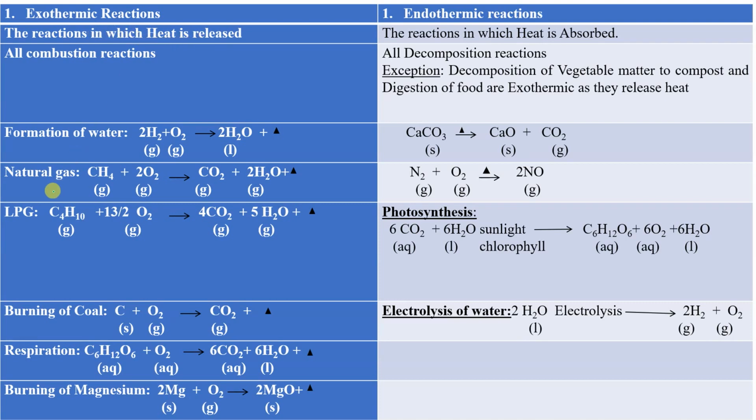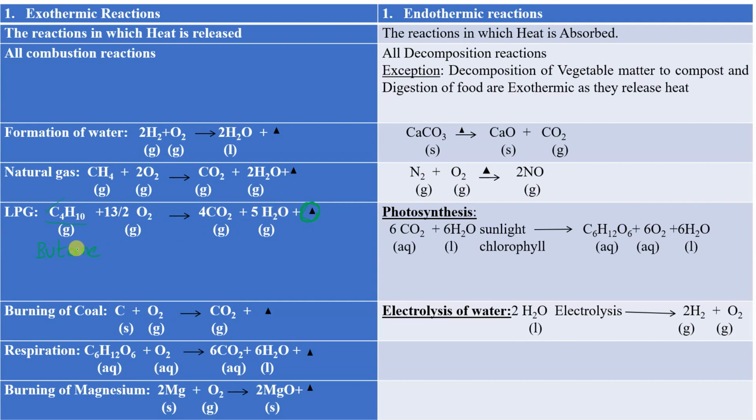Say, for example, I'm going to take your familiar example of the LPG cylinder. The gas present inside the LPG cylinder is butane, C4H10. When burned with oxygen, it releases a lot of heat. So it is a chemical reaction. Why is it called a chemical reaction?